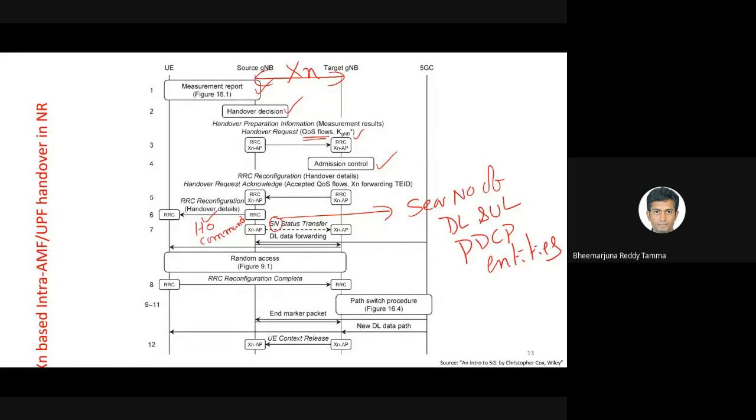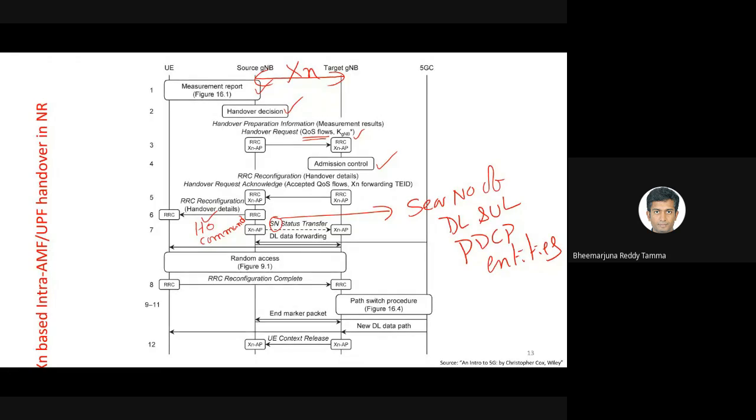This is important in the sense that in the downlink, the data should be relayed from the core network to the target gNodeB rather than going through the source gNodeB.